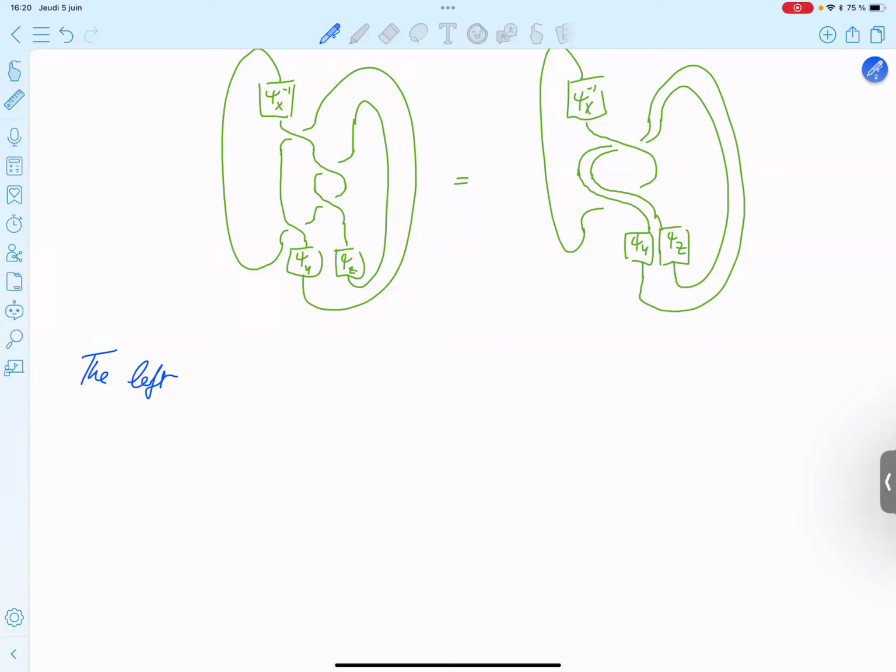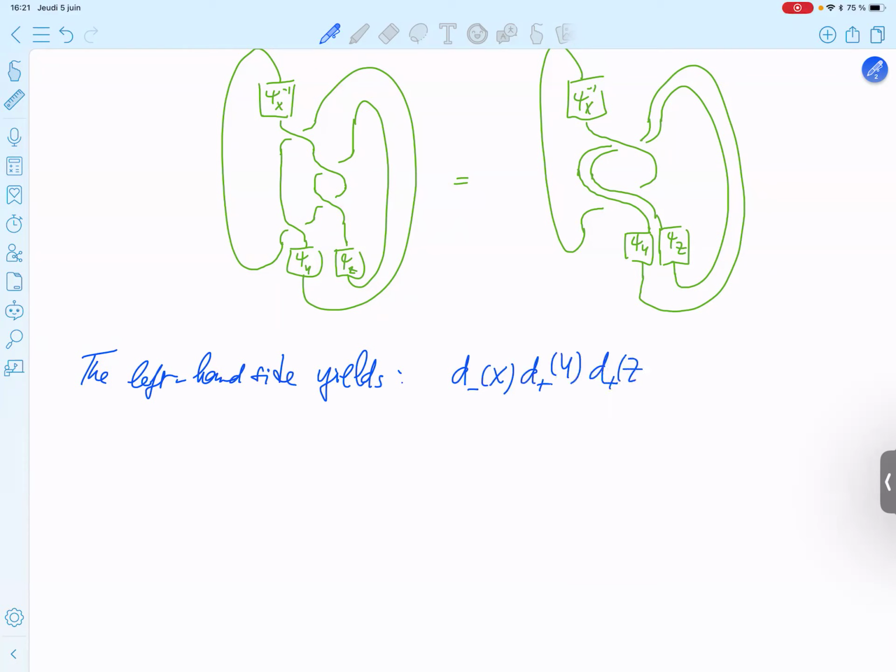The left-hand side is evaluated as follows. I will explain why this is the evaluation: d plus z, S tilde xy, S tilde xz.